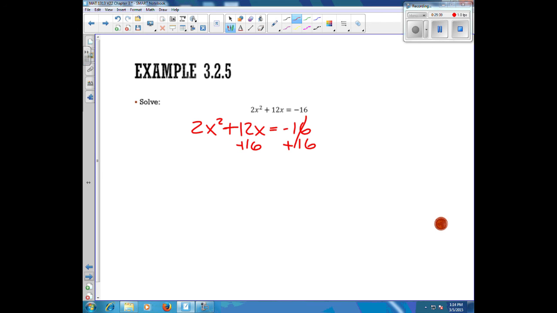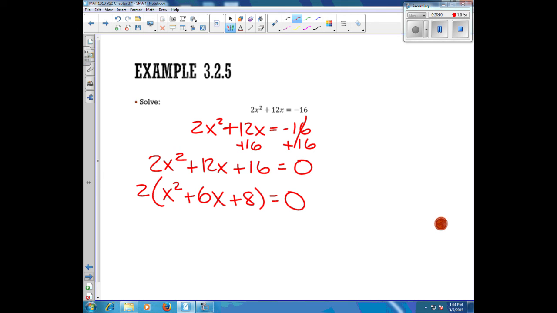What we're left with is 2x squared plus 12x plus 16 is equal to 0. Now all of these numbers are divisible by 2, and so we can factor a 2 out. We get 2 times x squared plus 6x plus 8 equals 0. And now x squared plus 6x plus 8 is what we need to factor.